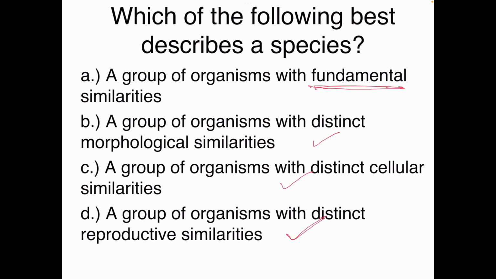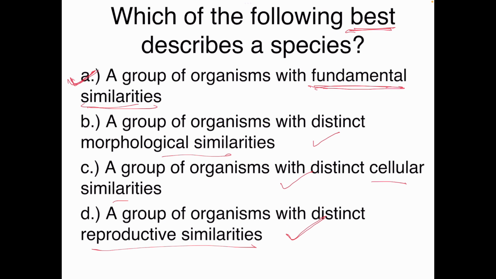But you have to look at the question. The question asks which of the following best, the word here is best, so the best description is option A, because fundamental similarities include all of these: morphological similarities, cellular similarities, reproductive similarities. So this is the best description of a species.